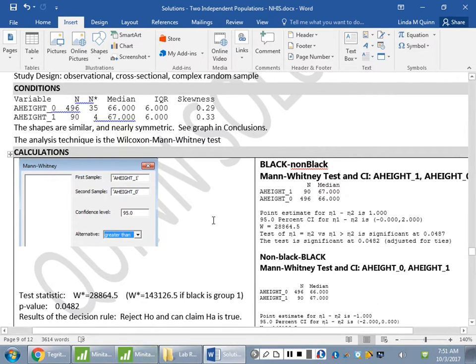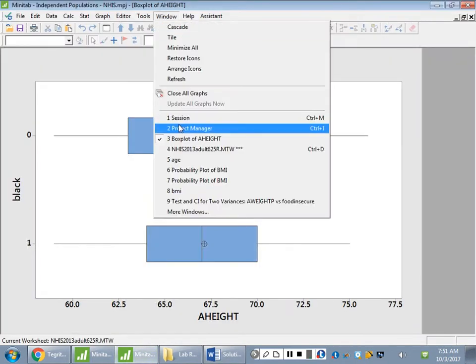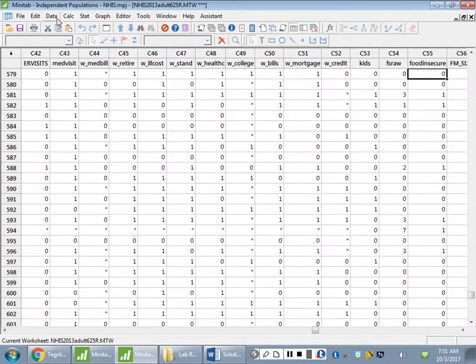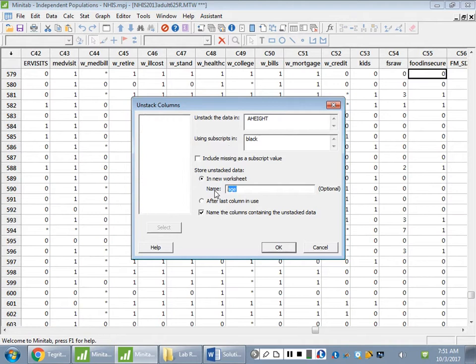Oh yeah, but for the Wilcoxon-Mann-Whitney, we need to make sure the data's unstacked. So that means we have to go back to that data set and unstack the data. So data, unstack columns. In this case, we're unstacking height by the variable black. I'm going to put it in a new worksheet to keep us straight, and I'm going to call it height.